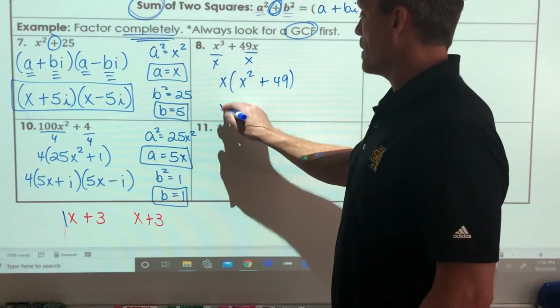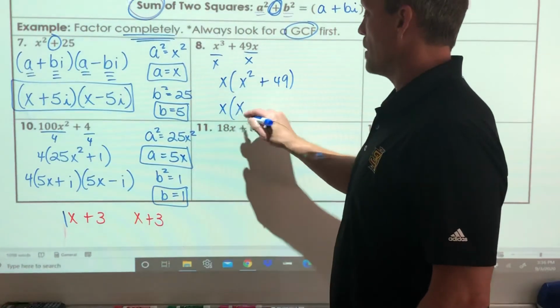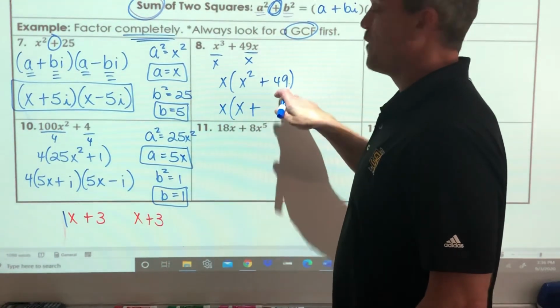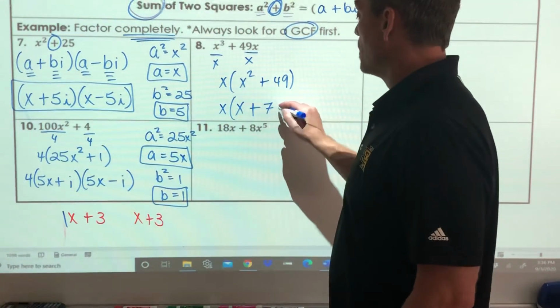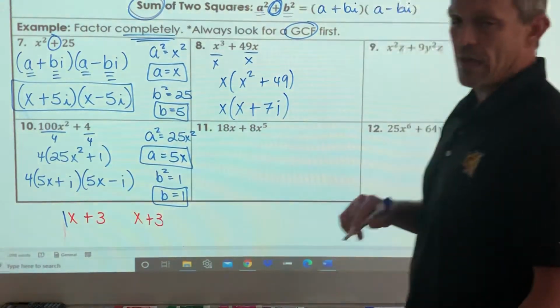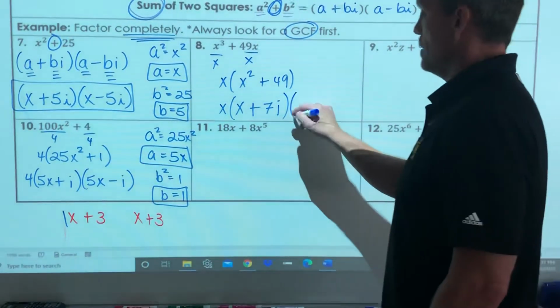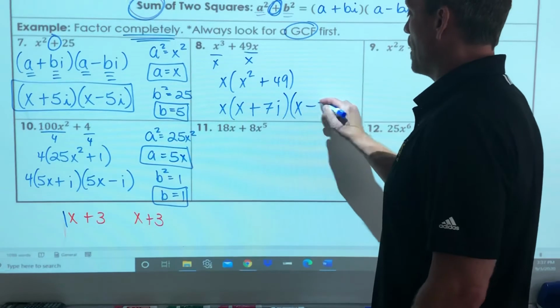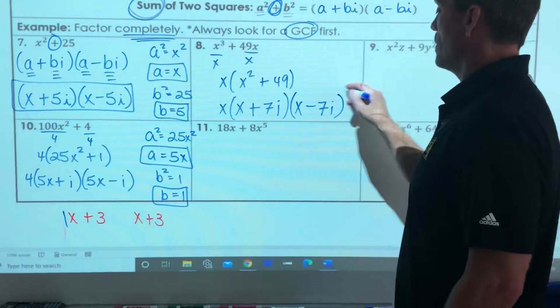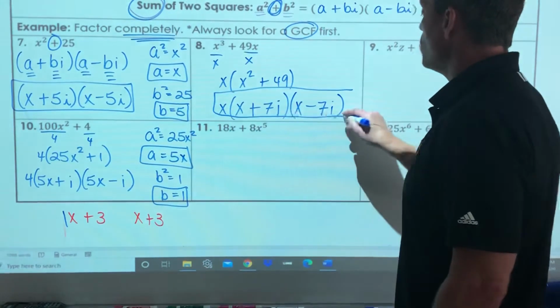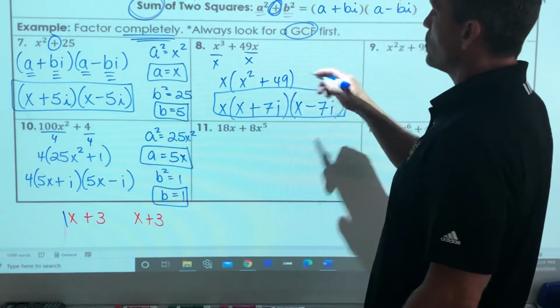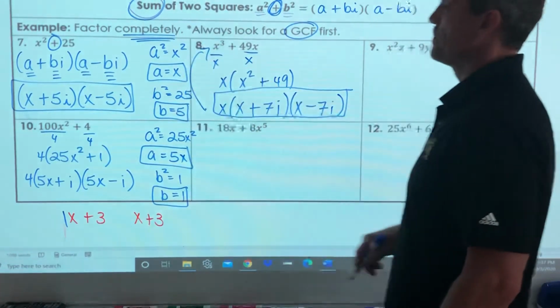Square root of x squared is x. Square root of 49, 7. The plus tells me I have to have that i. Then you're just going to write the same thing except with a negative. And you're done. When you distribute all that out, you're going to get right back to there.